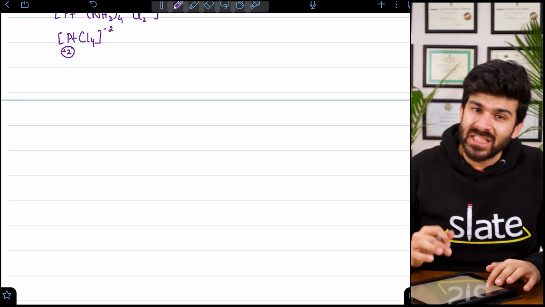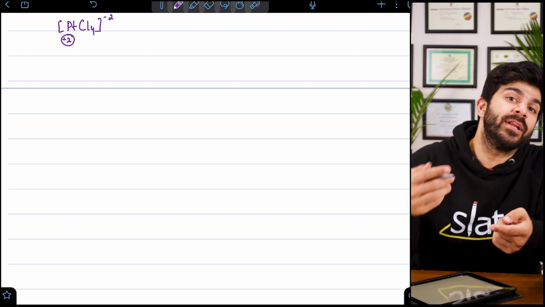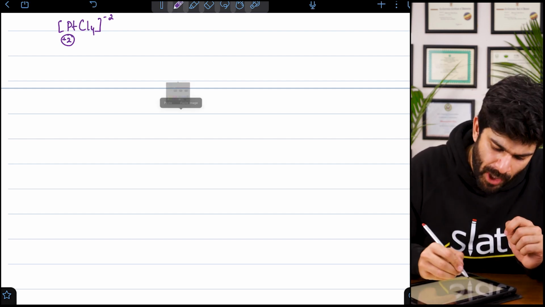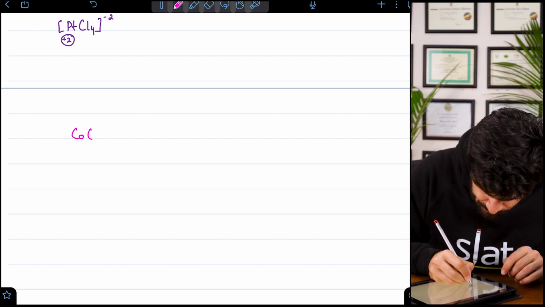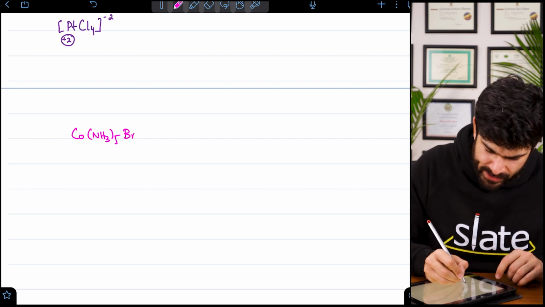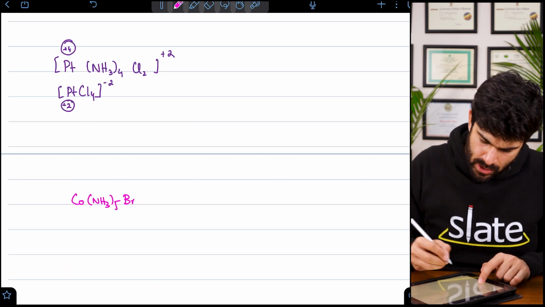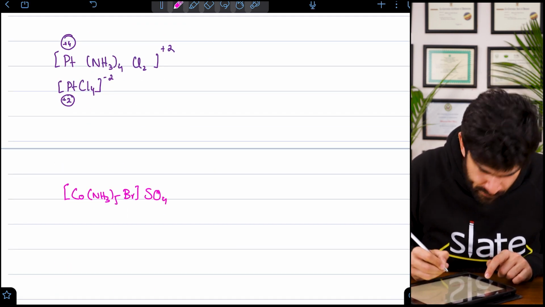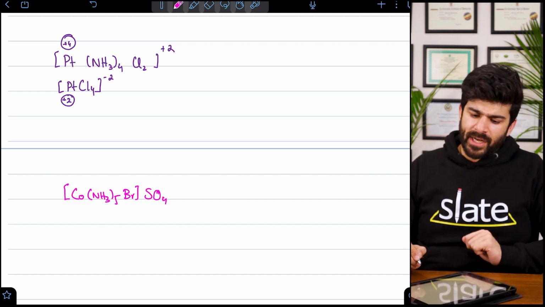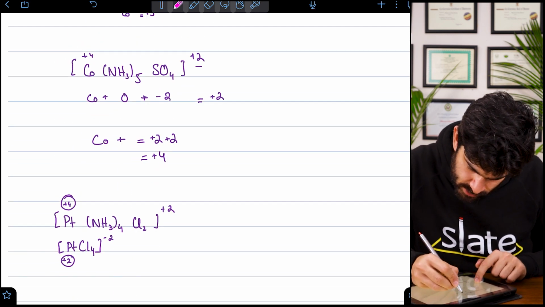Now, these ligands can further make complex molecules, and they can be a part of various reactions. This came in the past papers once. Let's do, like we made cobalt with the bromide at the end. This one. And this has a plus 2 charge. What if I make a sulfate out there? So I just make a sulfate out there. On the other hand, we talked about another one.